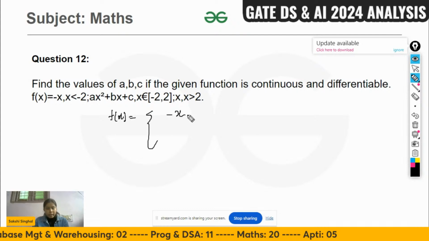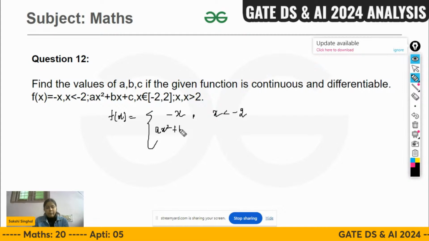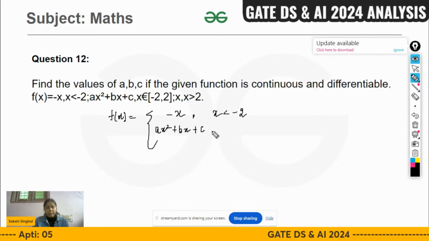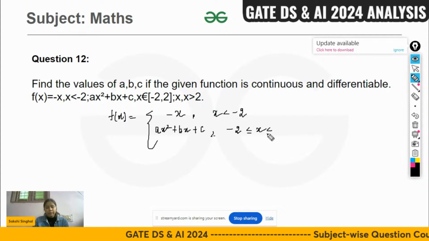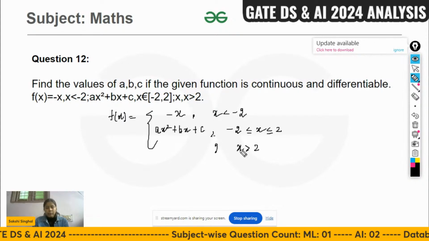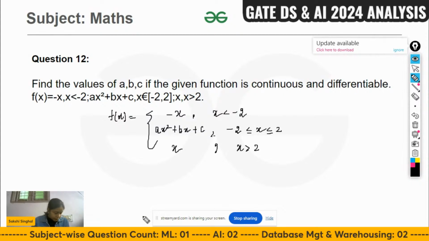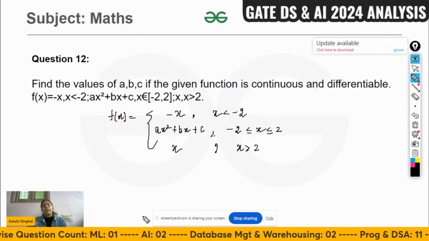It is minus x when x is less than minus 2, and it would be ax square plus bx plus c when x lies between minus 2 to 2, right? And when x is greater than 2, we have it as x. So guys, what would be the values of a, b, c?